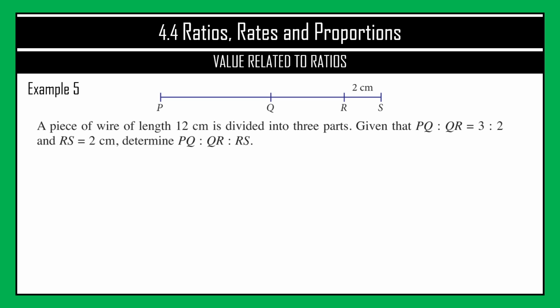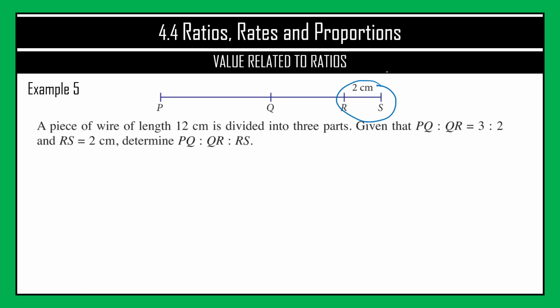Now, if you notice previously, it will give you one part with one ratio. But the problem here is we got the ratio, but the measurement is not included in the ratio. The measurement given here is RS, but there is no ratio for RS.